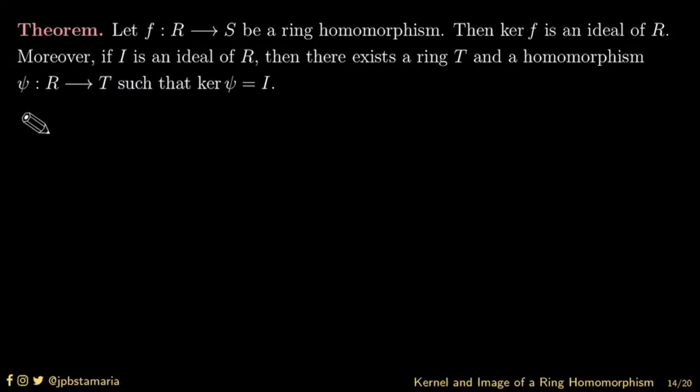Sinasabi ng theorem na ito na kung gaano karaming ideals meron si R, ganon karaming ring homomorphisms ang pwede nating i-define. Kasi bawat isang ring homomorphism produces an ideal, and bawat isang ideal will produce a ring homomorphism.